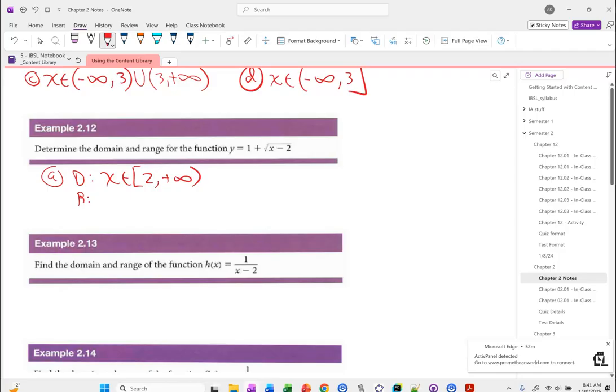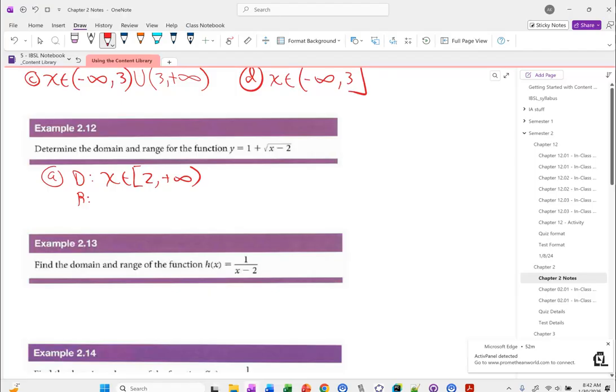As the number I'm taking the square root of gets bigger and bigger, the number coming out of the square root continues to get bigger or smaller? Bigger, right? So the smallest y value is going to come from the smallest x value. Everybody agree with that? If I plug my smallest x value, which is 2, into my function, I get 1 as my y.